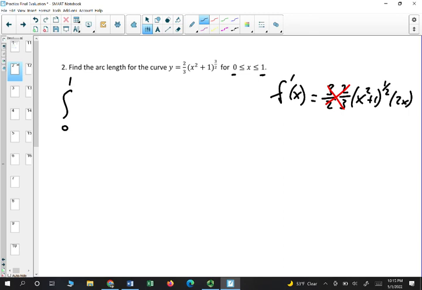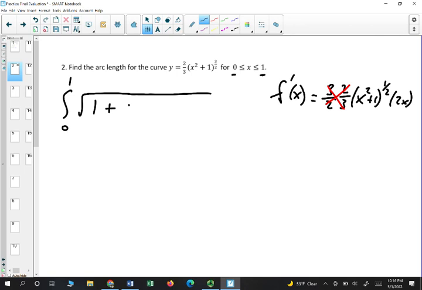And this will be the square root of 1 plus our derivative squared.